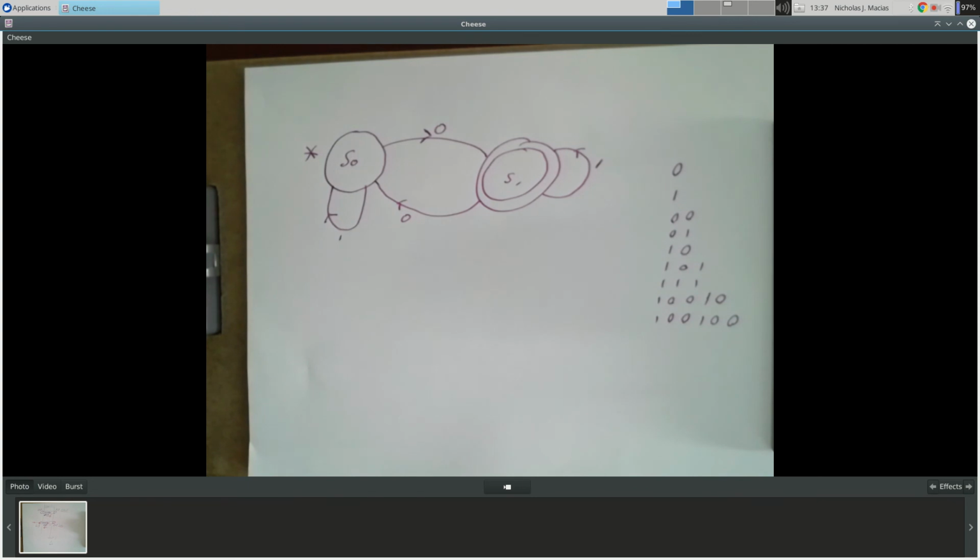Does it have to be a finite state? Yes. Recognize state, we're going back to... So if you start here, and you have a 1, then you have a 0, now you recognize that, and you have a 0, 1, you recognize that.